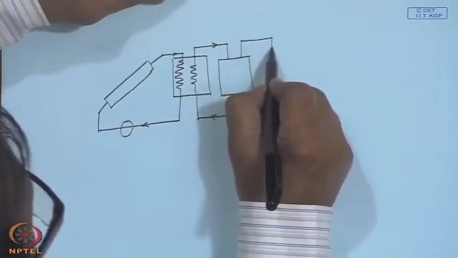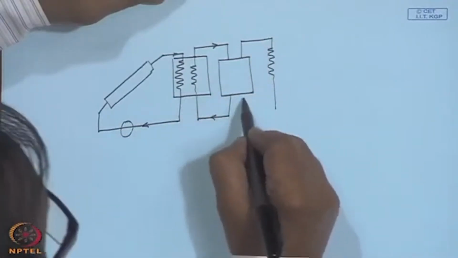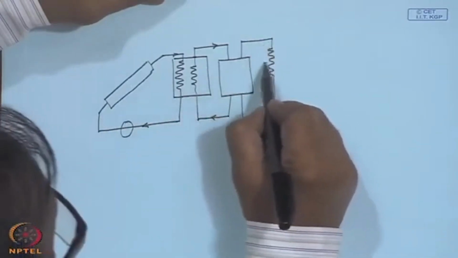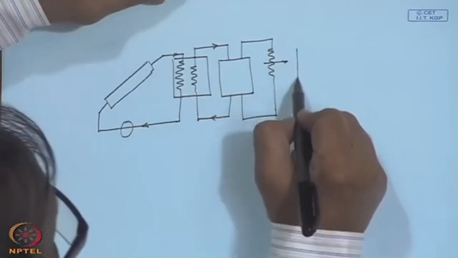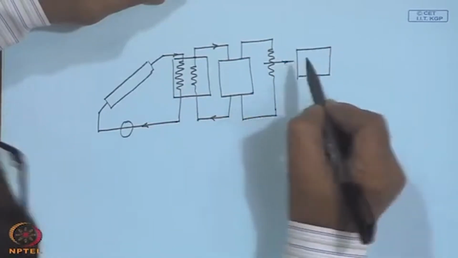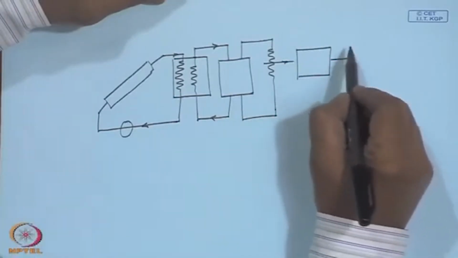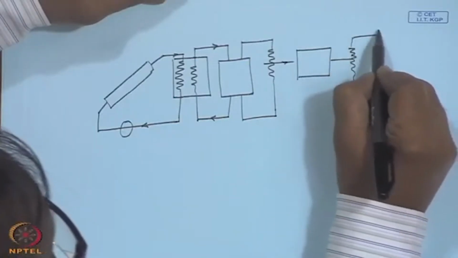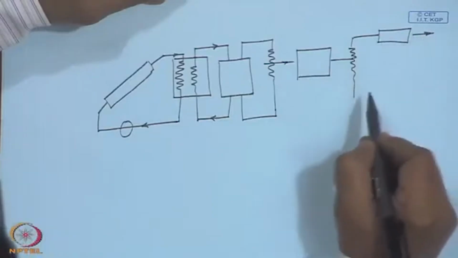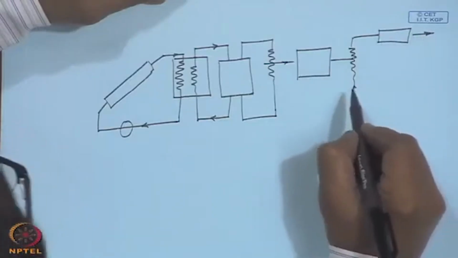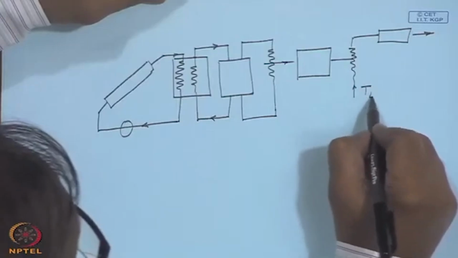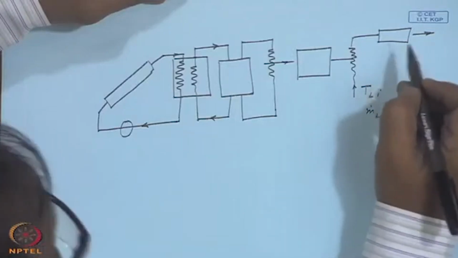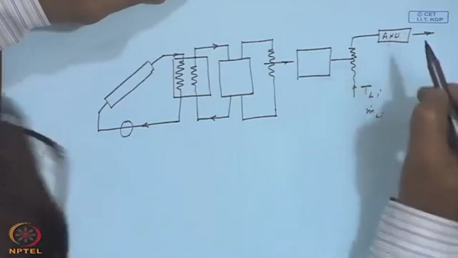Then from here, I may have an auxiliary over here, T load return with a m dot return, and this is auxiliary.